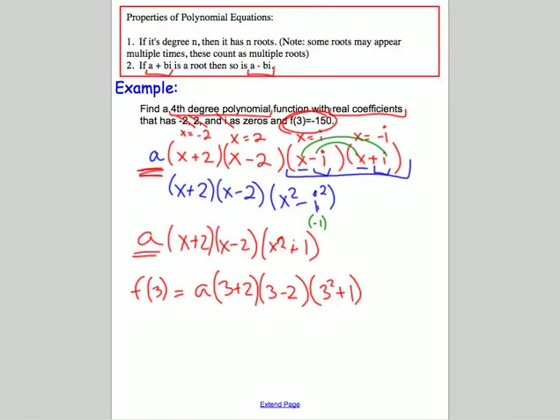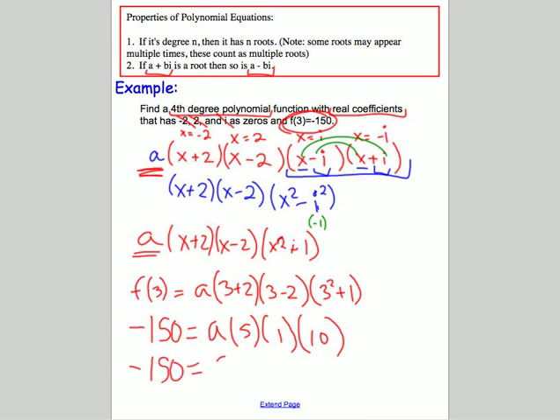So let's see what this gives me so far. I'm looking for -150. a times 5 times 1 times 10. So it looks like I don't get 150, I get 50 a's. Okay, because this multiplies out to 50. So what does a have to be in order to make this work?